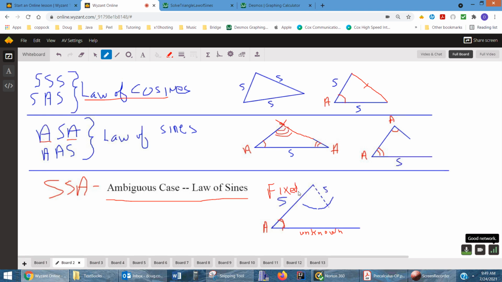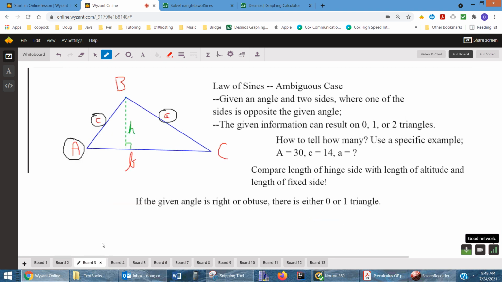And you're also given the side opposite the angle that's given. But we don't know if we're going to actually have triangles created with that given information. You can call this the hinge side, or the hinging side. Picture it swinging on a gate here. Does it actually reach the other side?